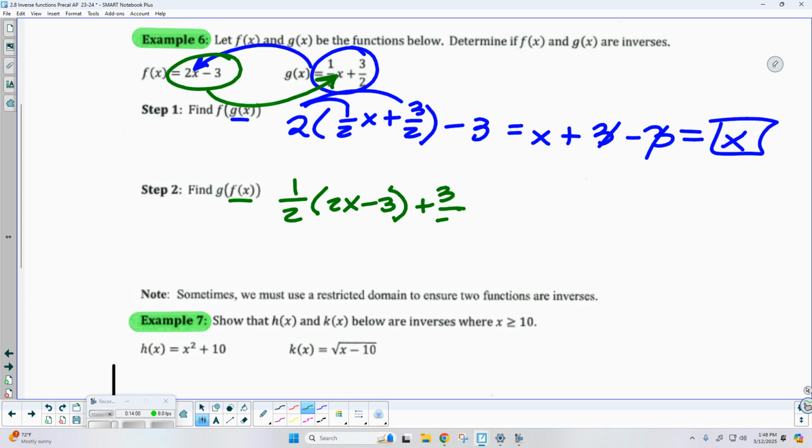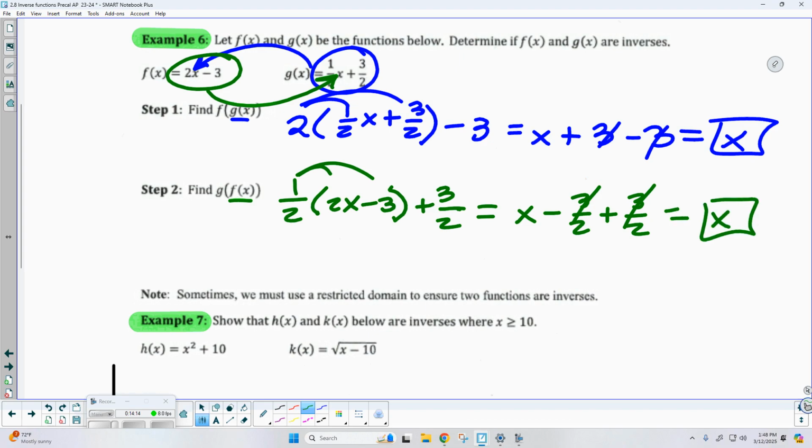Plus 3/2. So if I go ahead and distribute the 1/2, it looks like I'm getting x minus 3/2 plus 3/2, which again, we have opposites. So I do get the x that I'm looking for. So yes, these are inverses of each other. All right, so that's pretty easy.